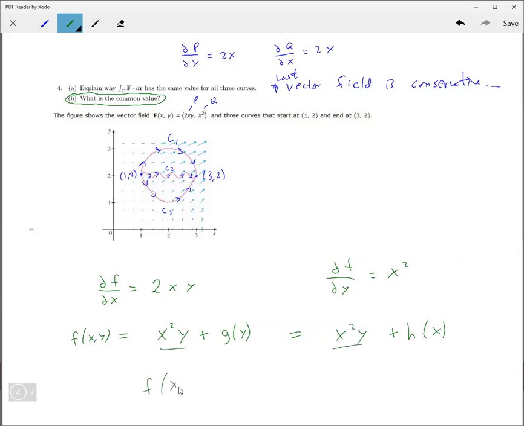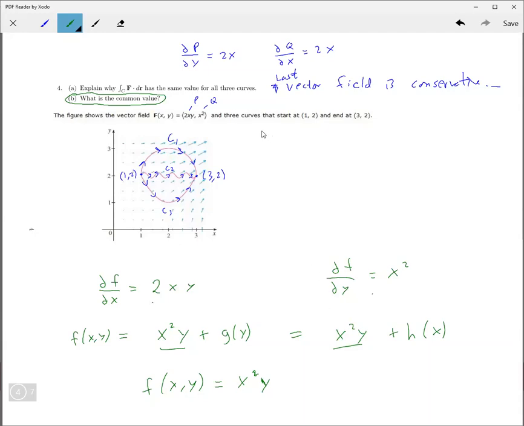So what's my potential function going to be now? x squared y. That's it. Because this right here satisfies that and that. Okay? So that completely works.